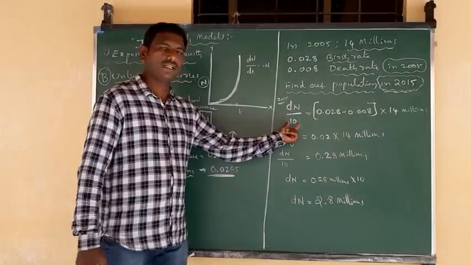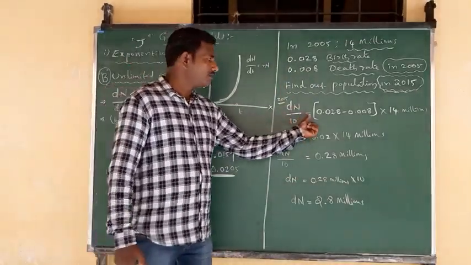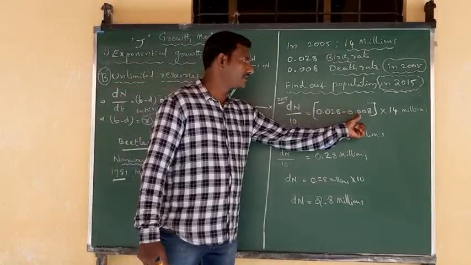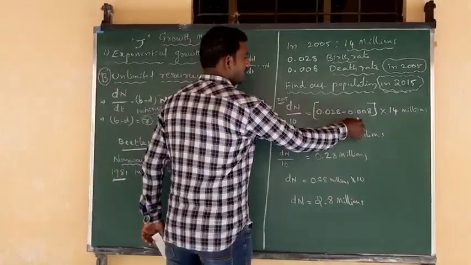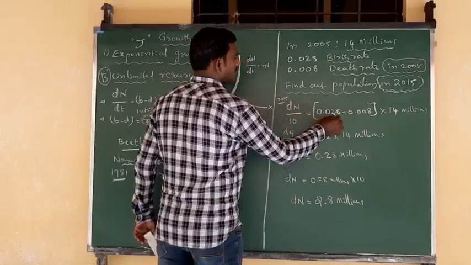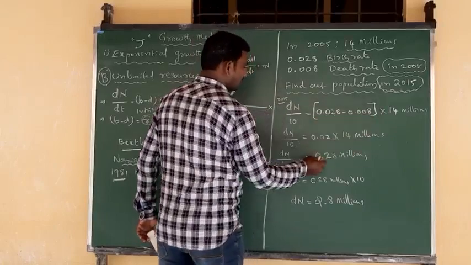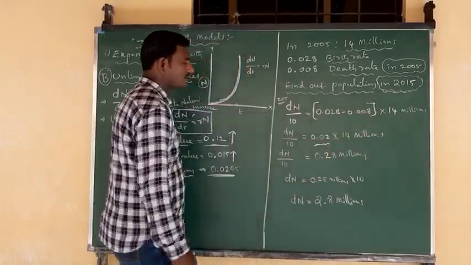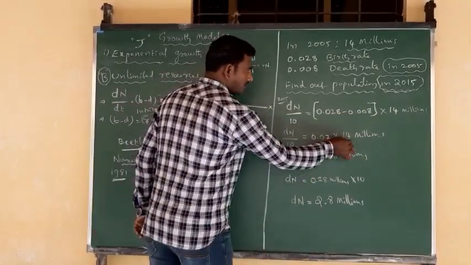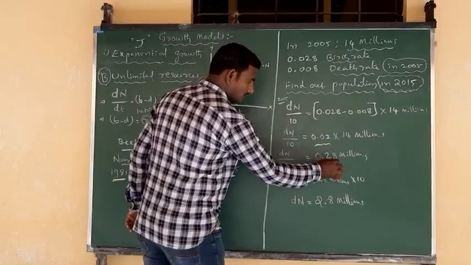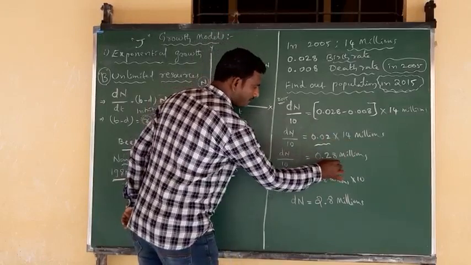That's why dN/10 equals birth rate minus death rate, into density. So birth rate minus death rate, 0.028 minus 0.008, the value is 0.02, into 14 million. So 0.02 into 14 million is 0.28 million.